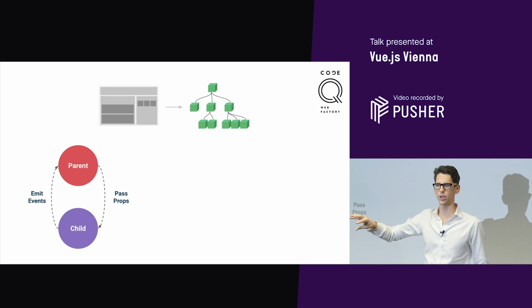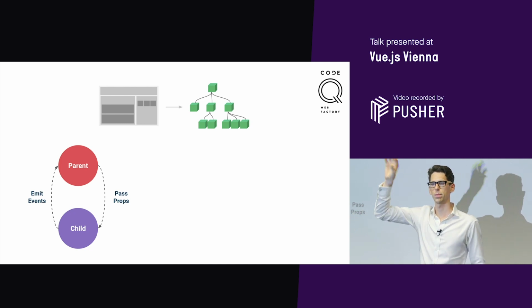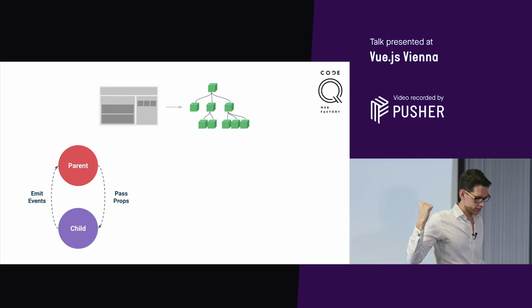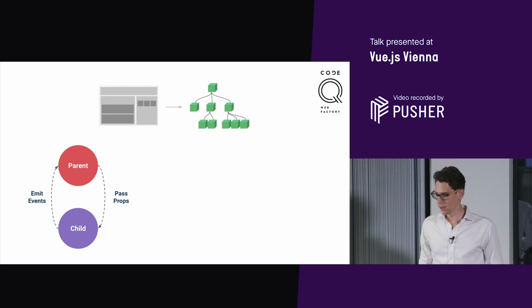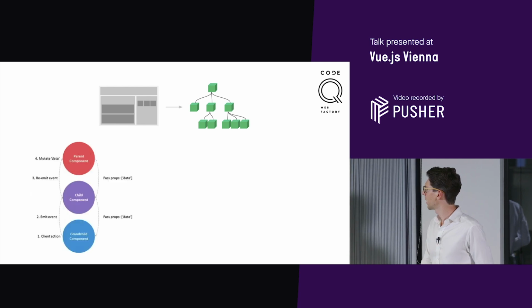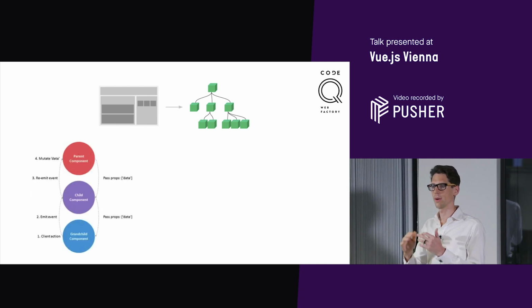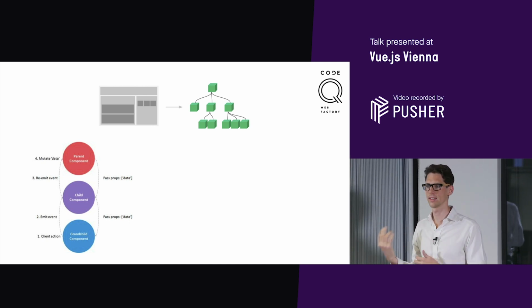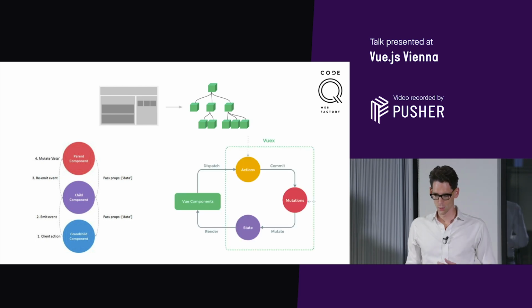If the child changes data, it sends it up by emitting an event to the parent. In this context, that looks pretty simple. In bigger applications, you soon have a parent of a parent, and then you start caring a lot about emitting and catching events, and it doesn't work well.